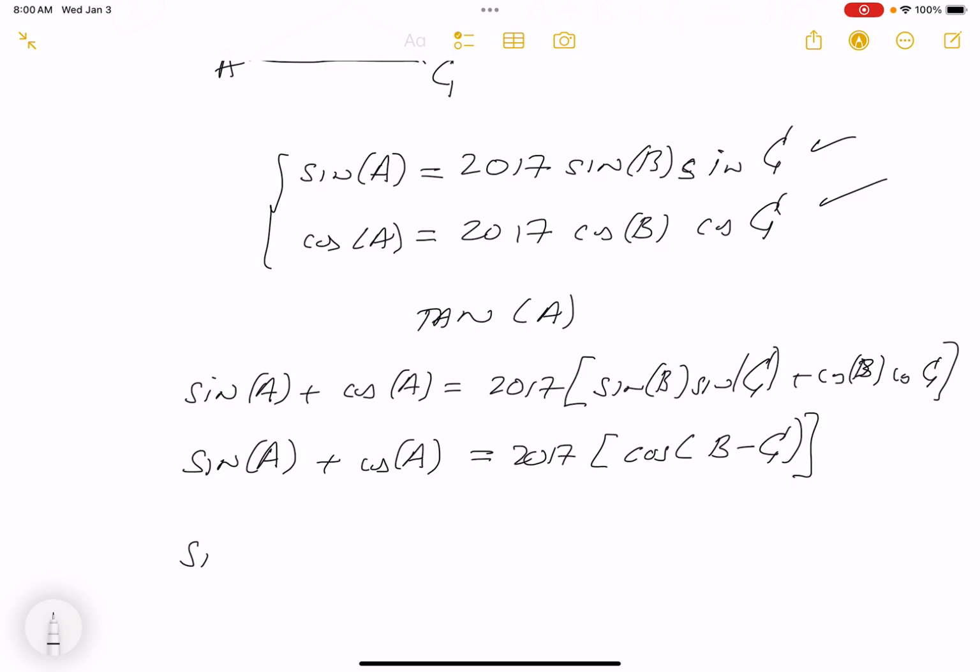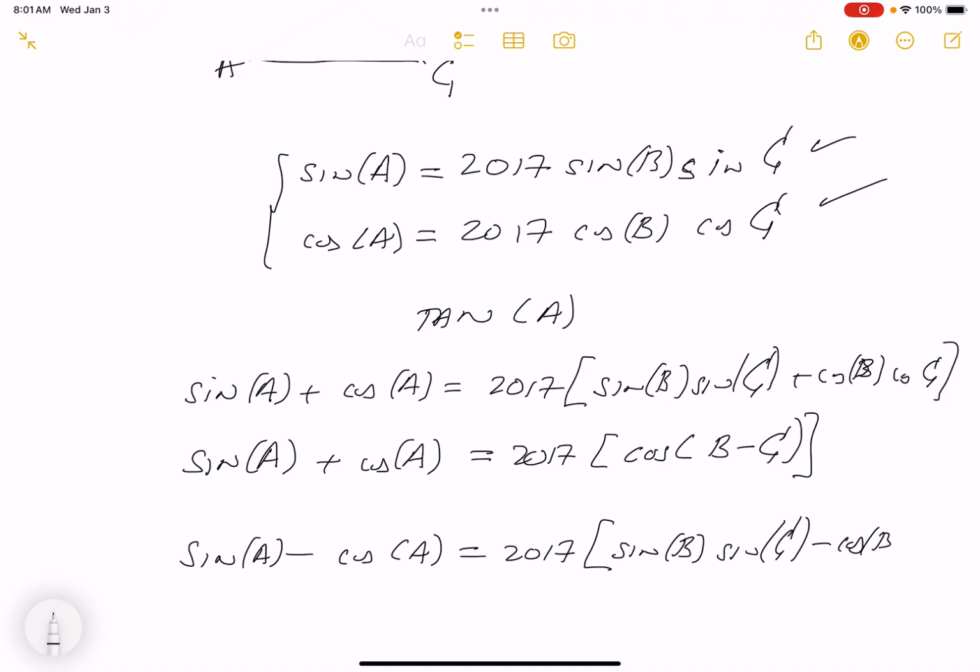I'm going to try sine A minus cosine A. And you get 2017 times the sine of B, sine of C, and then minus cosine B, cosine C. I'm going to pull a minus sign out, minus 2017, and that's going to be cosine B, cosine C, and then minus sine B, sine C. I'm trying out things that I do know.